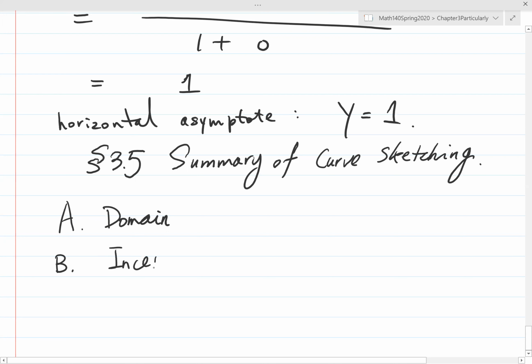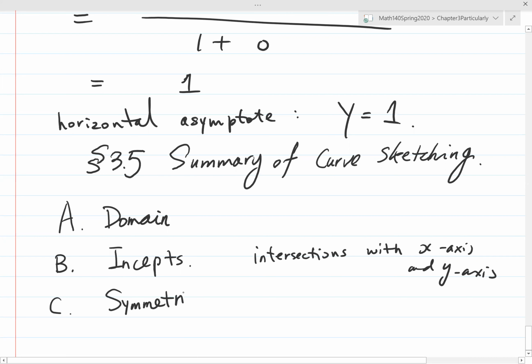The intercepts, i.e. do we have intersections with the x axis and y axis. Then the third thing is symmetry.